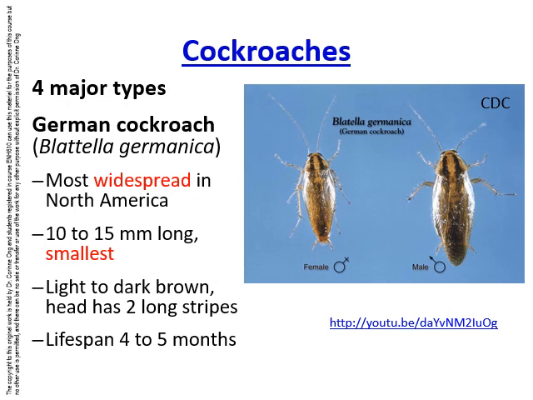They're also one of the smallest cockroaches. They're only 10 to 15 millimeters long, and it just means that sometimes they may be confused with other insects. A very distinct feature that helps in their identification are these 2 long stripes on the back of their heads.